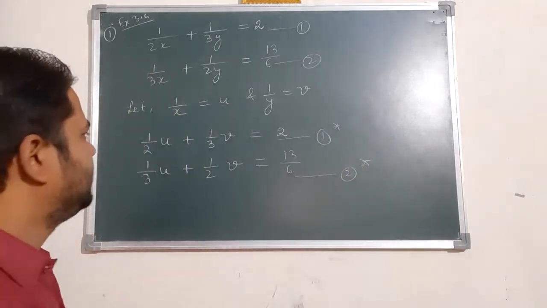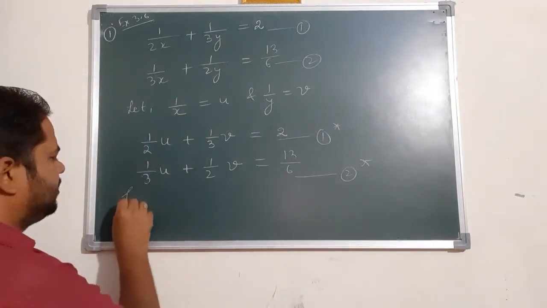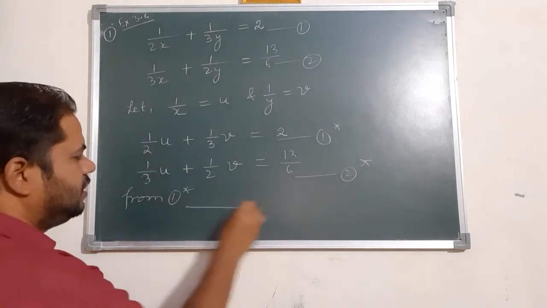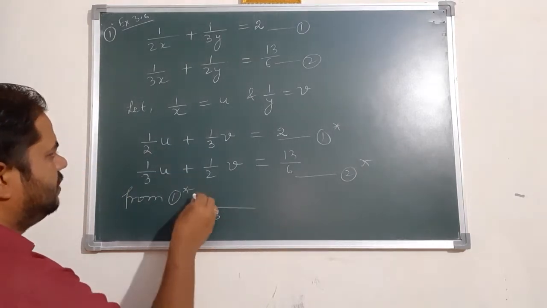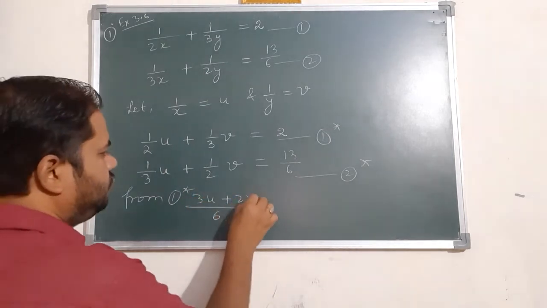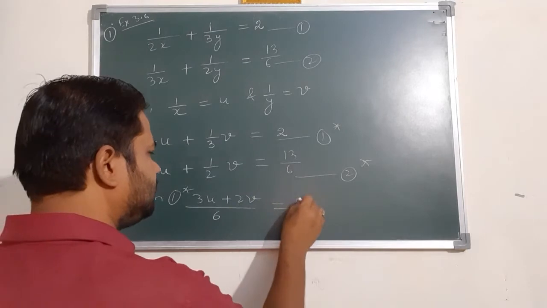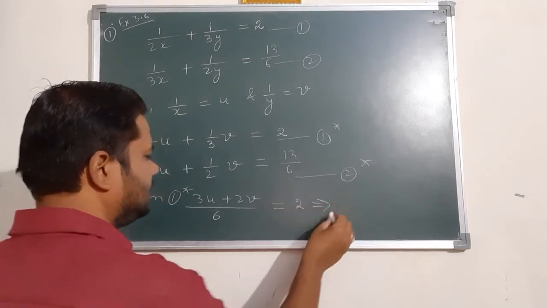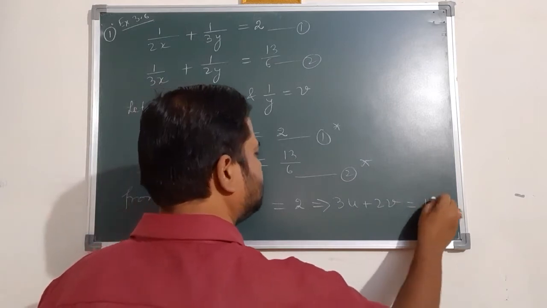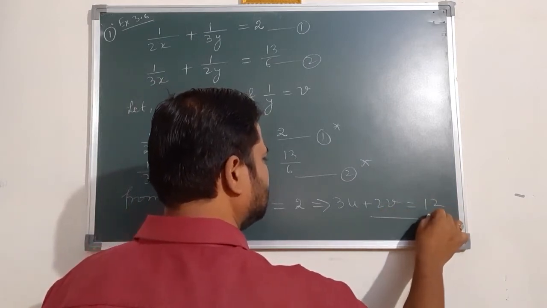Now we can take the LCM and solve from the first star. We have LCM 6, so 3u plus 2v is equal to 12. This is equation number 3.